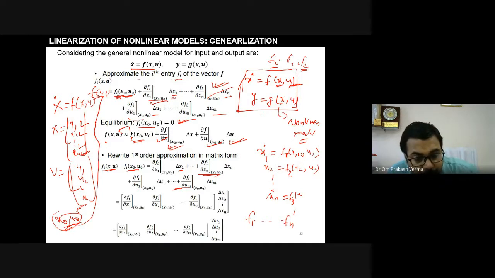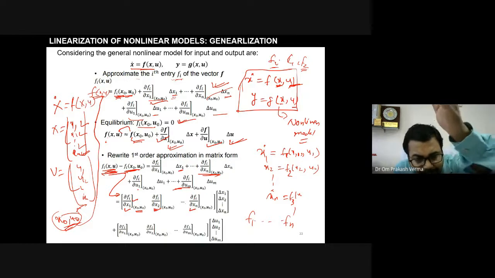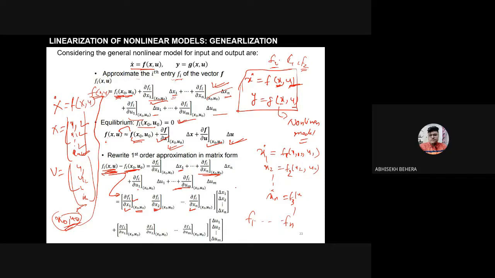So f_i(x, u) minus f_i(x naught, u naught) equals delta f_i over delta x1, delta f_i over delta x2, up to delta f_i over delta xn. Is it understood? n variables, right?